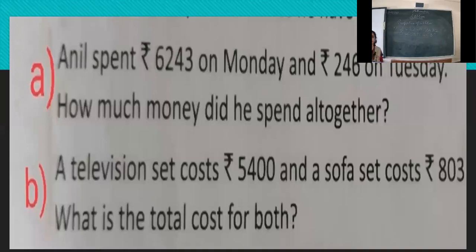I'm giving you some time. Children, I'm reading first one for you. Anil spent rupees 6,243 on Monday and rupees 246 on Tuesday. How much money did he spend altogether?